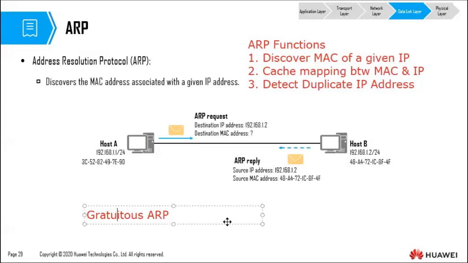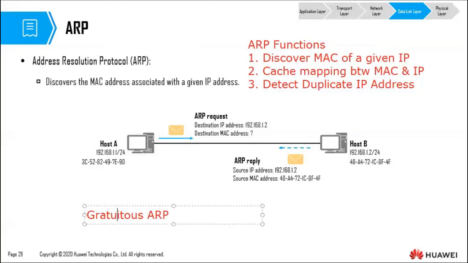If someone else says, I have it, then your computer is going to tell you, you can't configure this IP address because it's already being used by another computer. So that is what gratuitous ARP does. So that is how it's able to detect duplicate IP address.